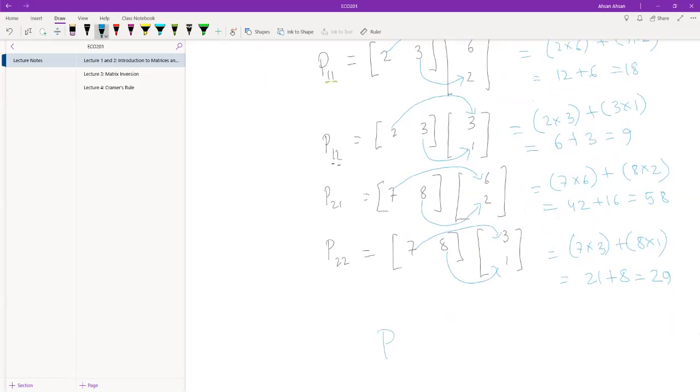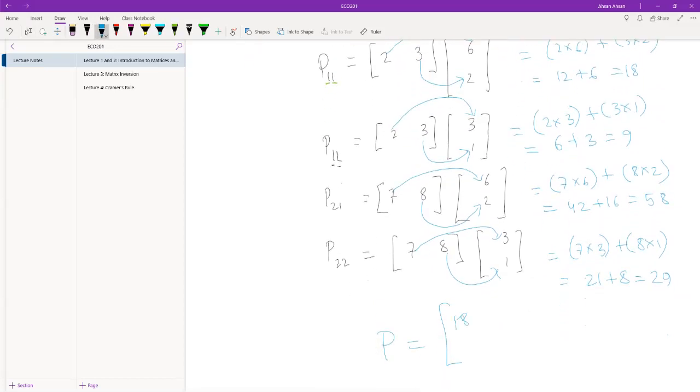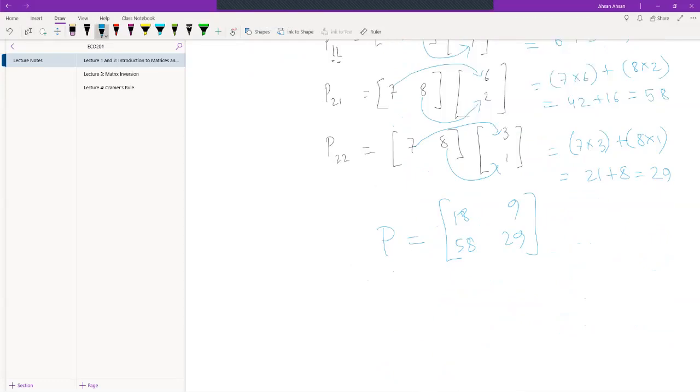So if I finally write down matrix P, P11 is 18, P12 is 9, P21 is 58, P22 is 29. And that is how you multiply. I realize that must have looked like a lot of work.